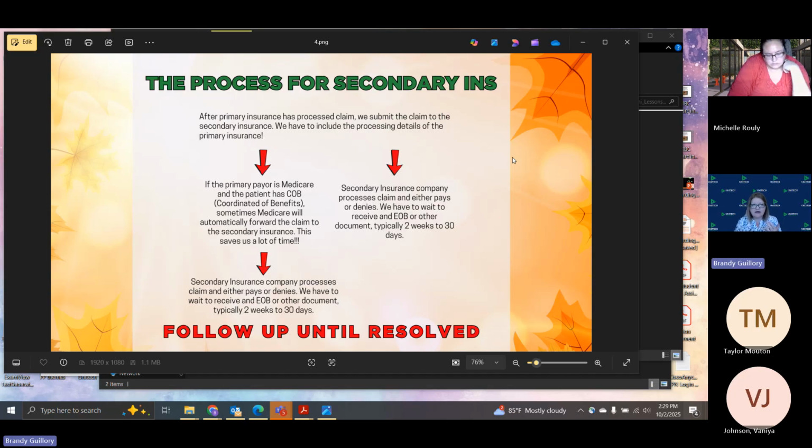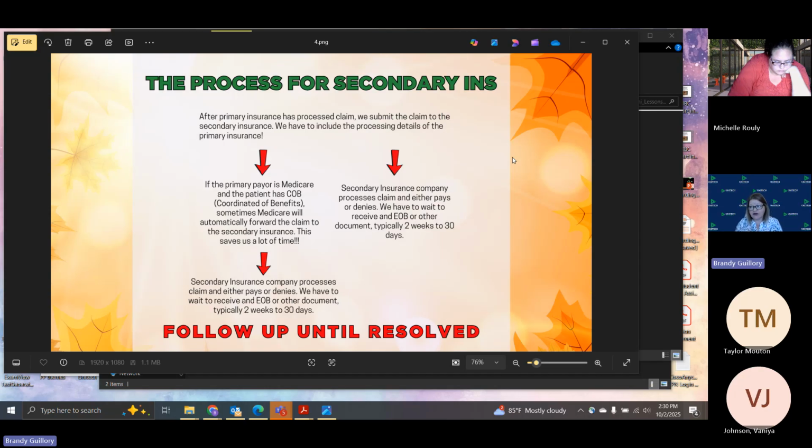We mailed it a lot of the times, and there was a lot of times they would accept it by fax. But again, I think now a lot of the times we can send electronically straight through the computer, and we don't have to print all that out and go snail mail with it. But again, every time we do that, we're playing that waiting game with the insurance company to hear back.